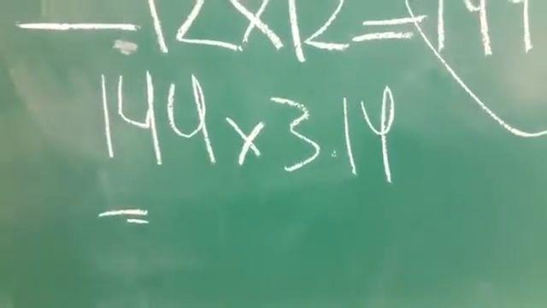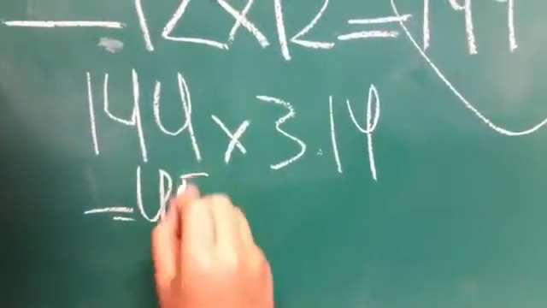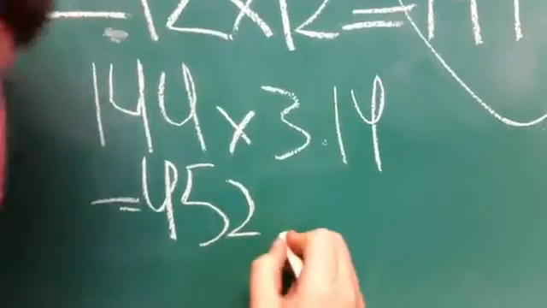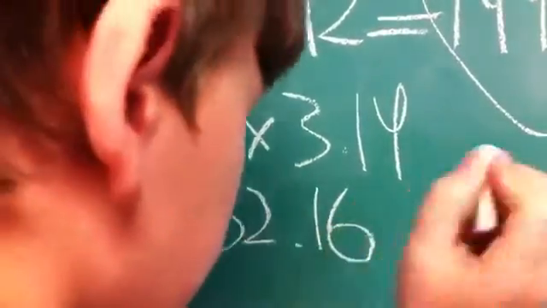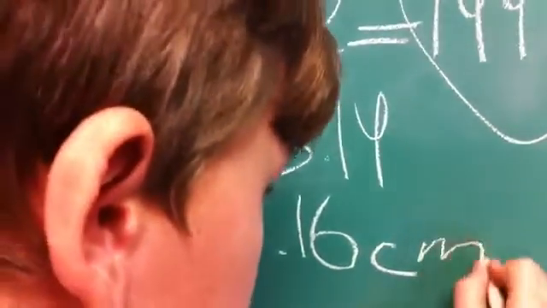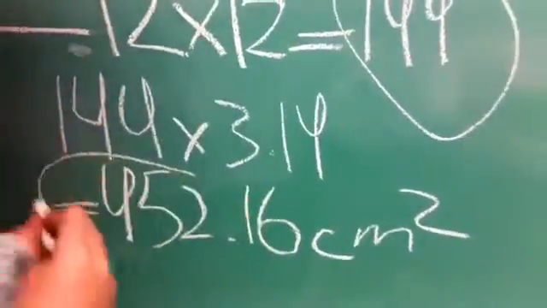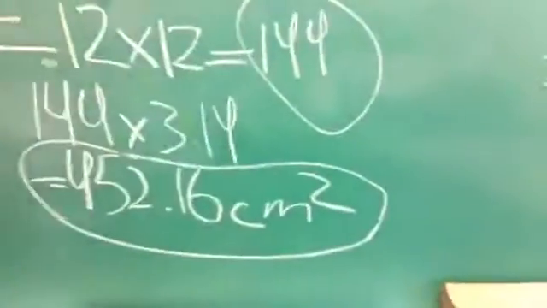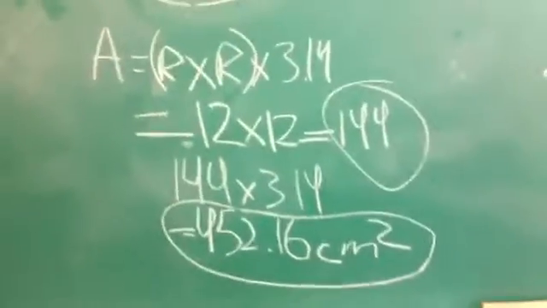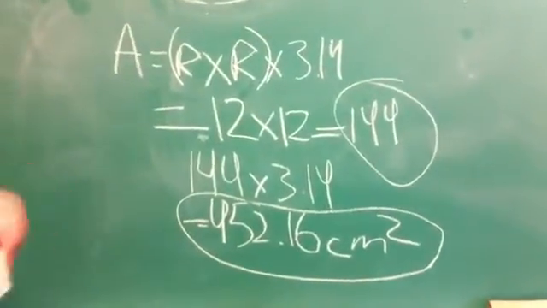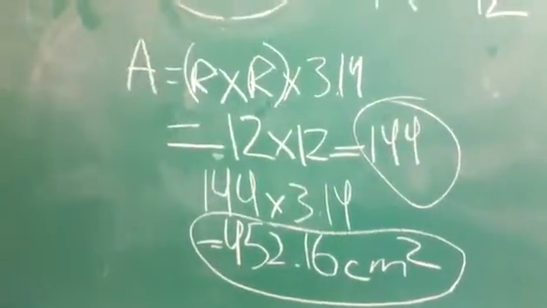And that equals 462.16 centimeters squared. And that is our answer, how to find the area for a frisbee.